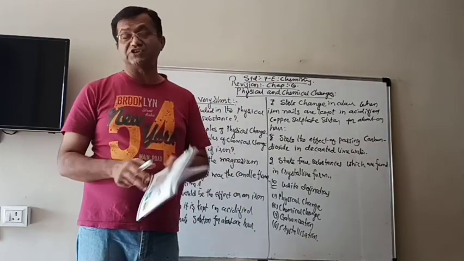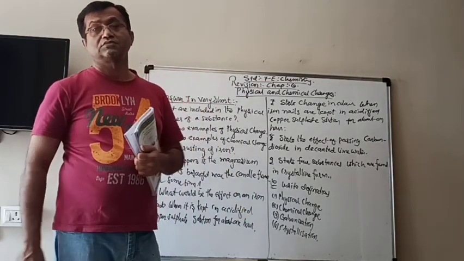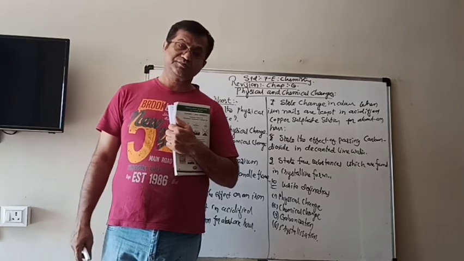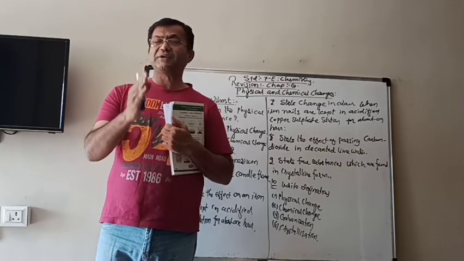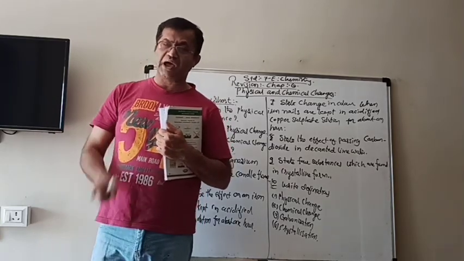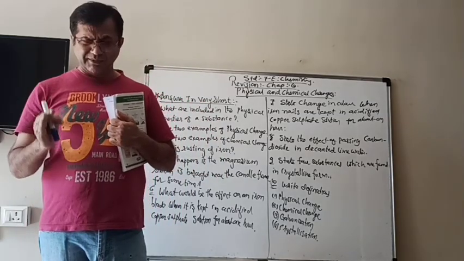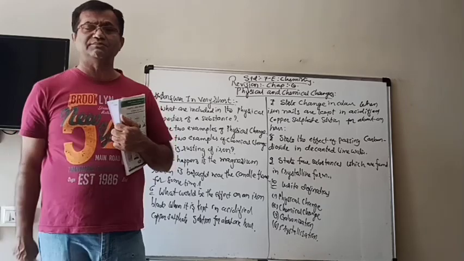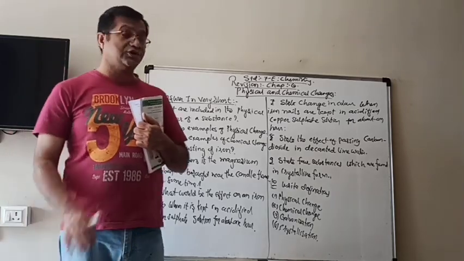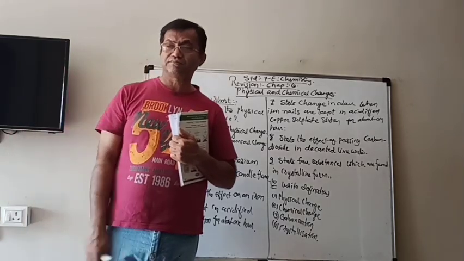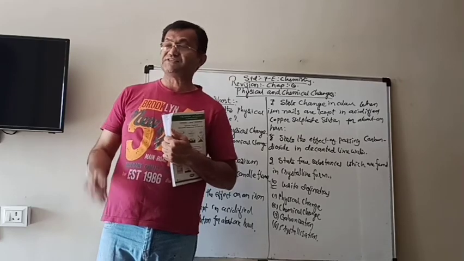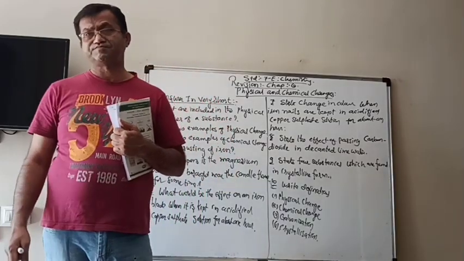First is physical change. The change in which the physical properties of a substance are changed, but chemical properties remain the same, and no new substance is made, is known as physical change.